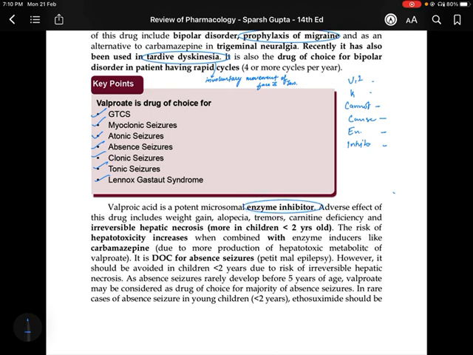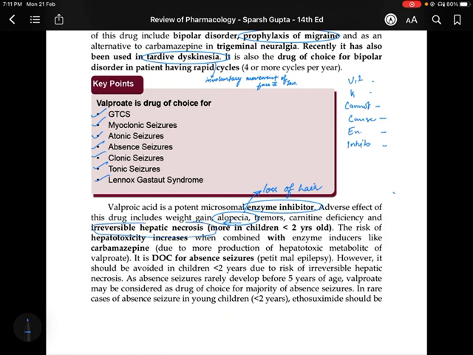Now, valproic acid is an enzyme inhibitor, right? An adverse effect of this drug includes weight gain. It can cause alopecia, which is loss of hair, and then tremors, carnitine deficiency, and irreversible hepatic necrosis.